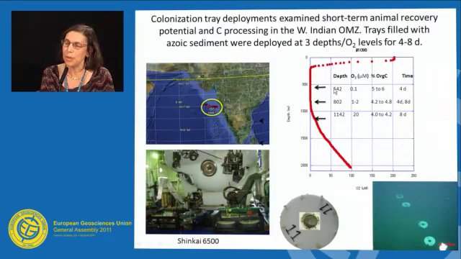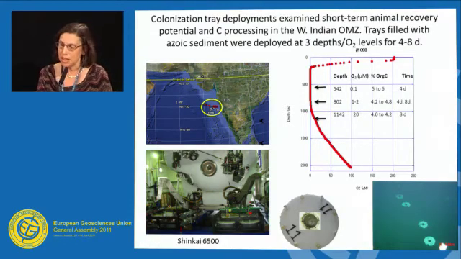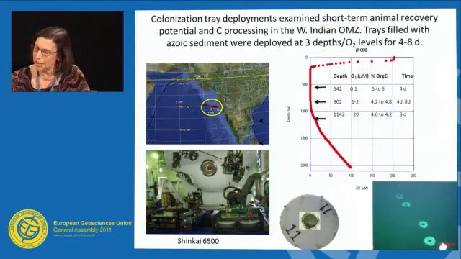At 540 meters, we had extraordinarily low oxygen measured at 0.1 micromolar. And then at 800 meters, we had about 10 times more oxygen. And at 1140 meters, we had 10 times again more oxygen. So each of these depths represents different oxygen. And we asked the question of how does oxygen affect colonization and recovery.